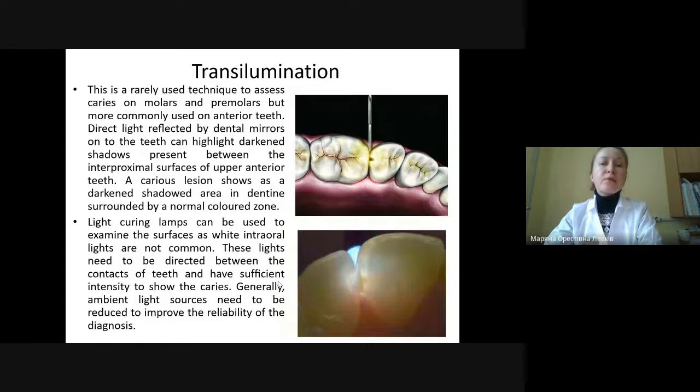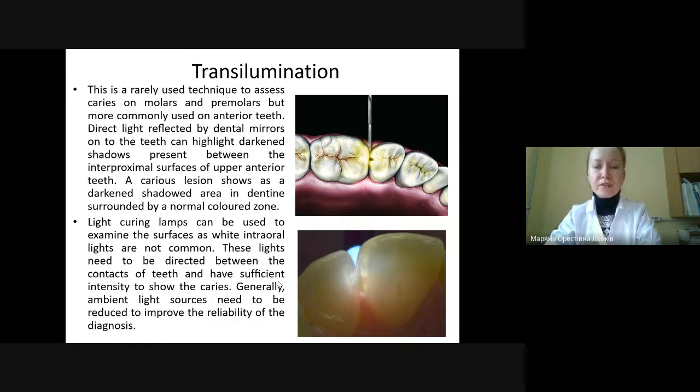This is transillumination. This is a rarely used technique to assess caries on molars and premolars, but more commonly used on anterior teeth. Direct light reflected by dental mirrors onto the teeth can highlight darkened shadows present between the interproximal surfaces of upper anterior teeth.